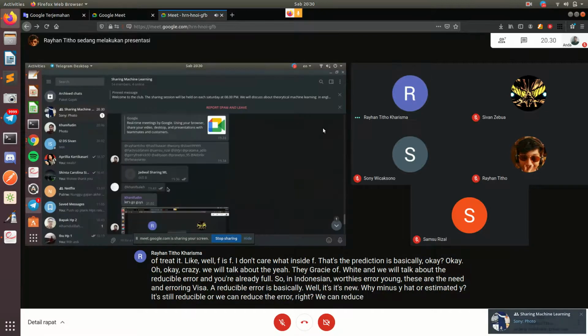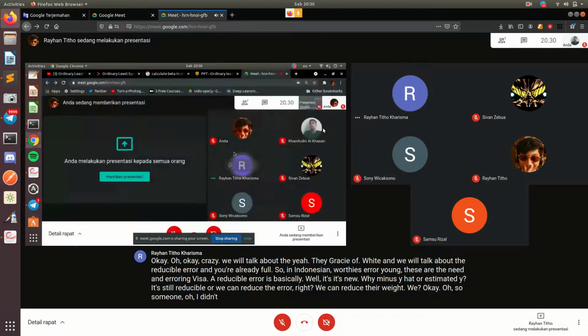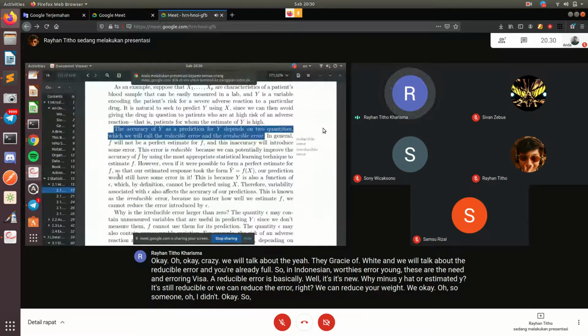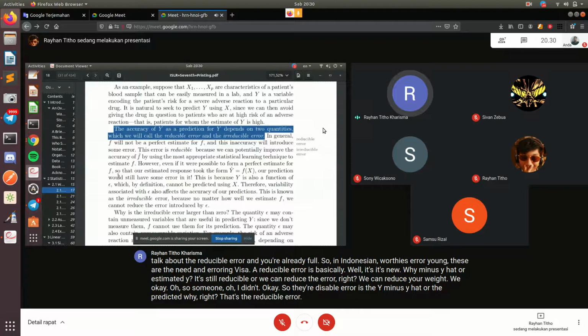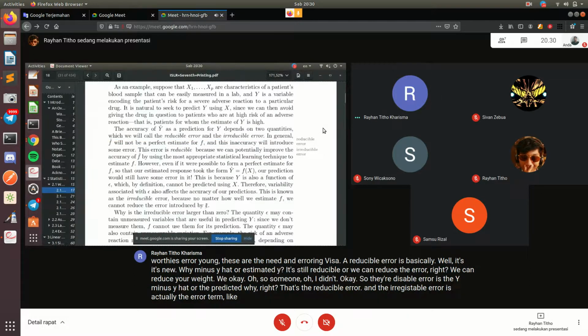Okay, so the reducible error is the Y minus Y hat, or the predicted Y. Right. That's the reducible error. And the irreducible error is actually the error term, right here.